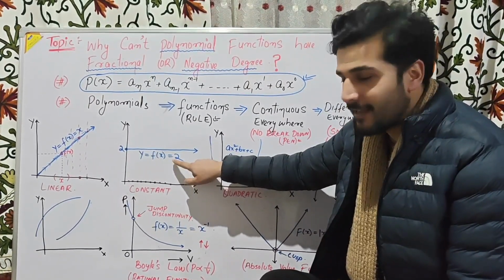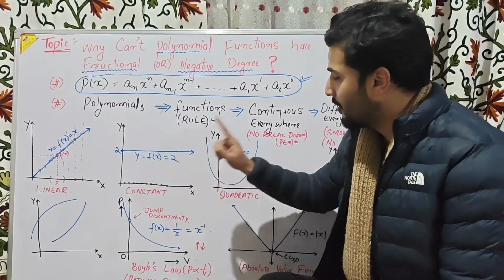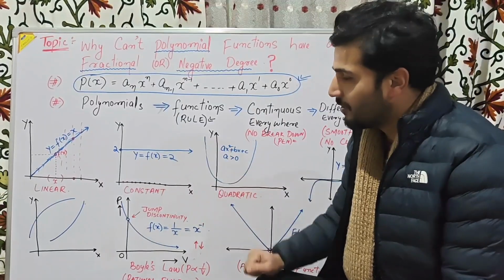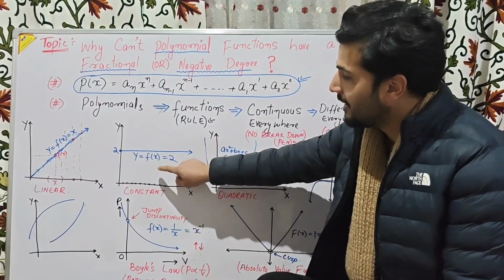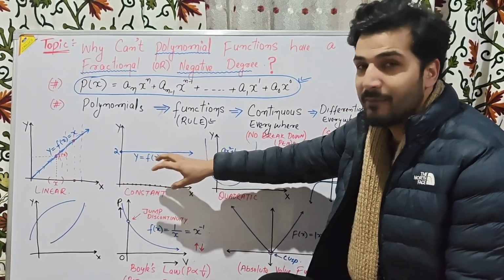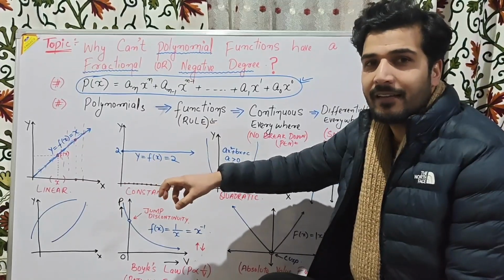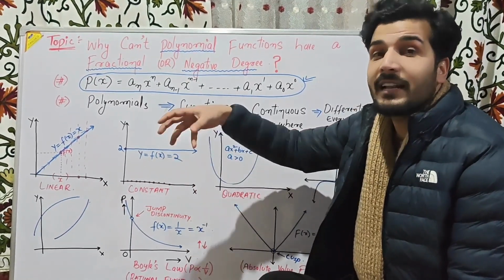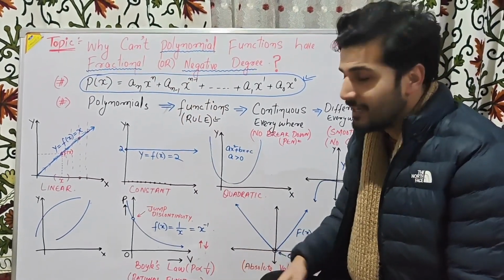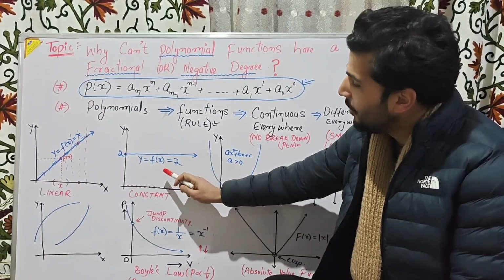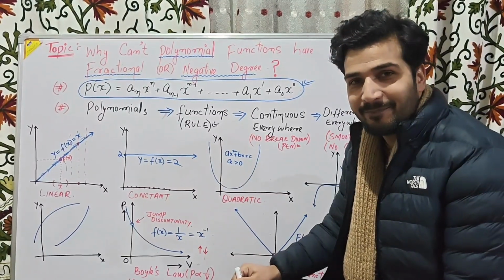Okay? And this is the graph of the constant polynomial. So what is the beauty of this constant polynomial? If all polynomials are continuous everywhere, then the constant polynomial, being one type of polynomial, is also continuous everywhere, right?